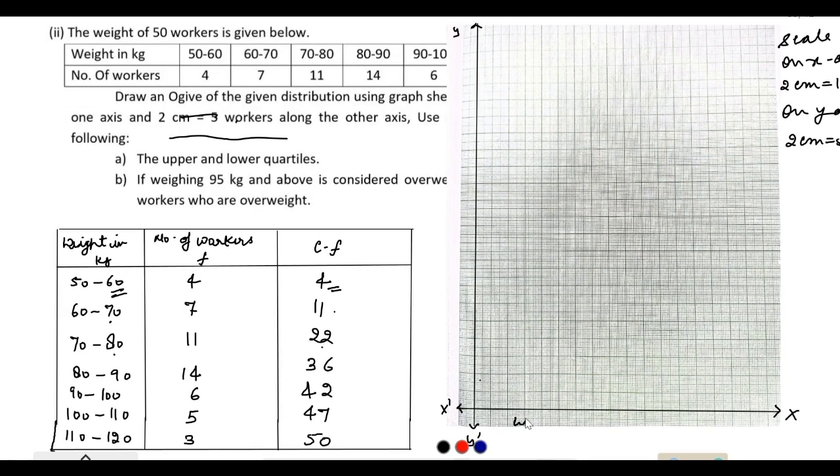On x-axis, we are showing weight in kg and on y-axis, number of workers. Now, on x-axis, 2 cm is equal to 10 kg. Suppose this is first point, that is 50, after 2 cm 60, then 70 and so on.